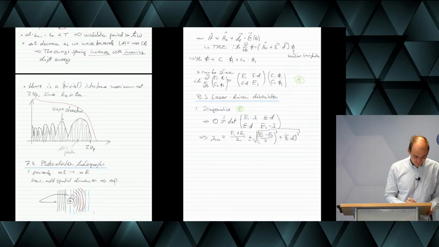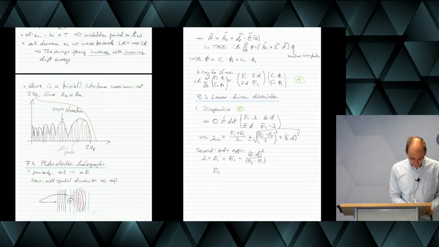Okay, we don't like this one, so we make a second order Taylor approximation. And that is then lambda 1, which I call now E1 prime. And because it's still an energy, this is E times d squared divided by E2 minus E1.